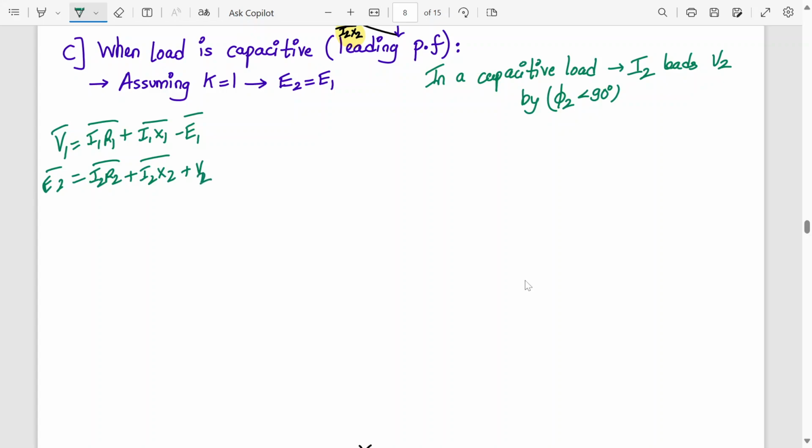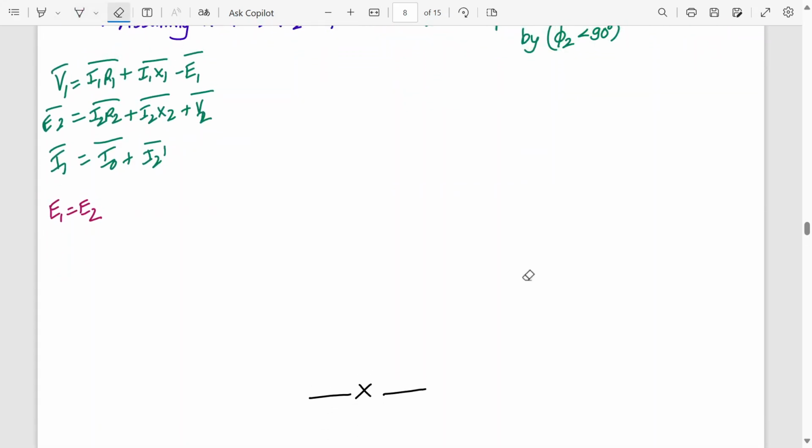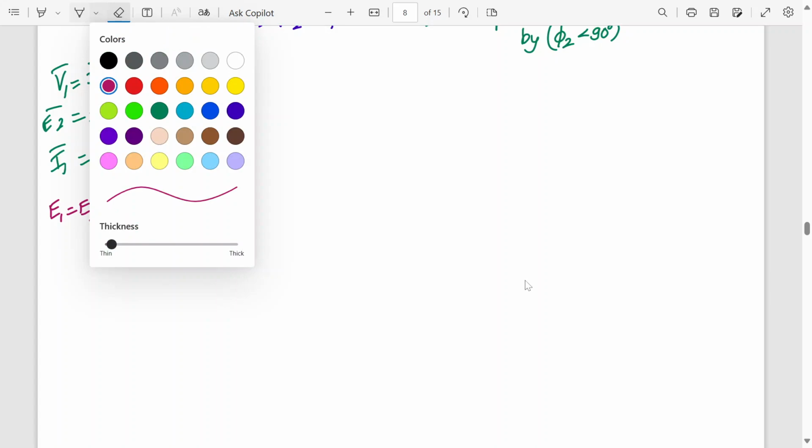E2 is this plus V2, and then we have I1 bar which is I0 plus I2 dash, and we have E1 same as E2.